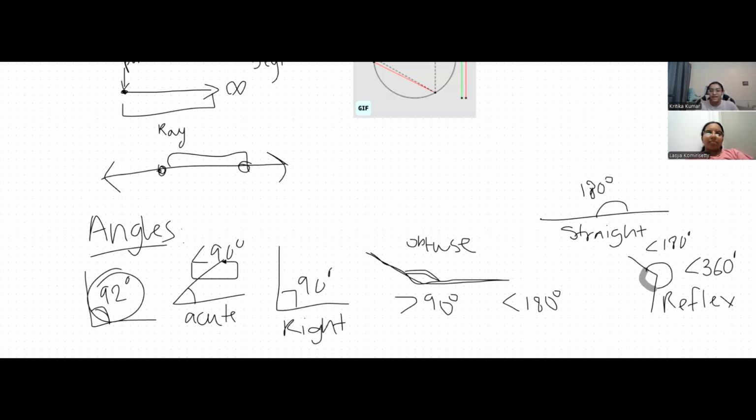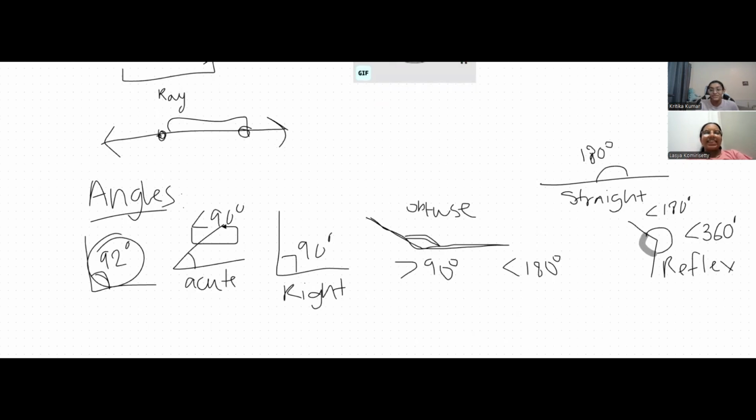Now for reflex angle, the way I would remember this is think about an overstretched angle. So it's really big. It's something really unusual. That's why it's a reflex, because it's over what you would think of it to be. And I know that doesn't make it much simpler, but it's a lot simpler than you think it is.